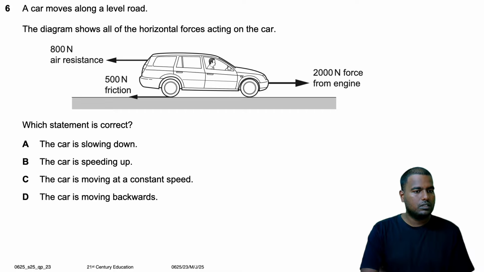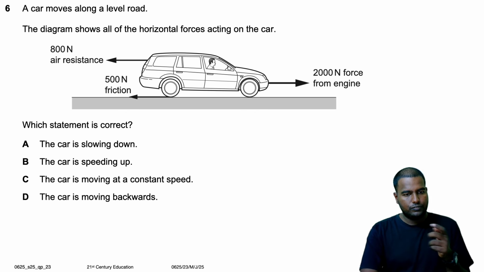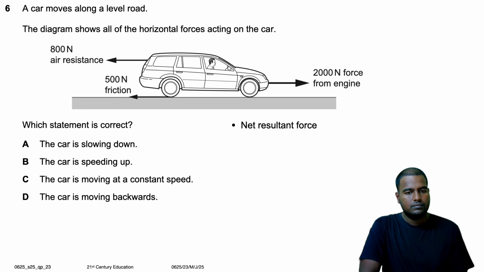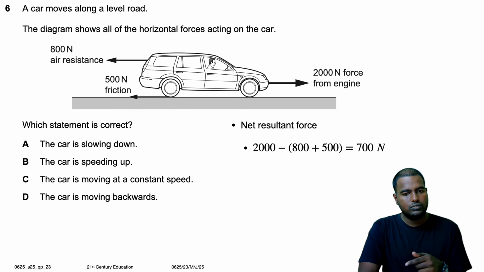A car moves along a level road. The diagram shows all of the horizontal forces acting on the car. Which statement is correct? So first let's calculate the net resultant force. It's 2000 Newton in the forward direction, 800 plus 500 Newton in the backward direction. So the resultant will be 2000 minus (800 plus 500), which is 700.